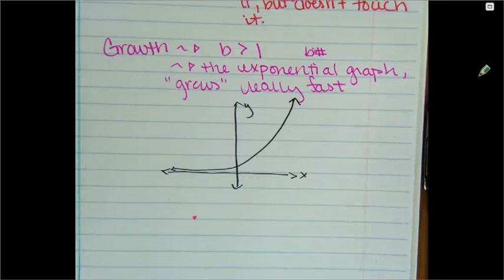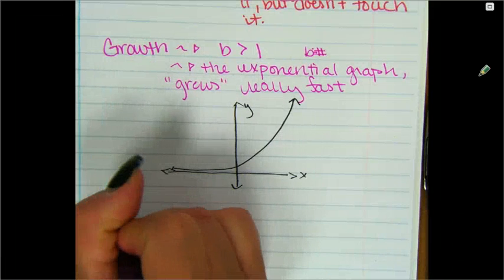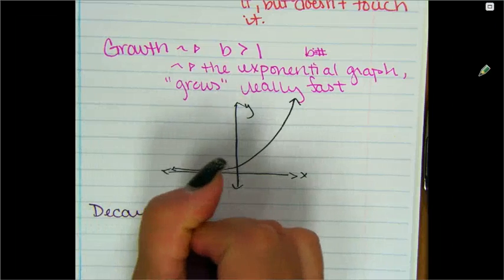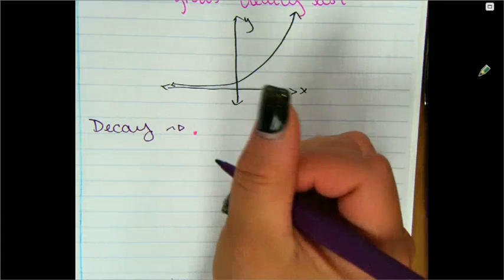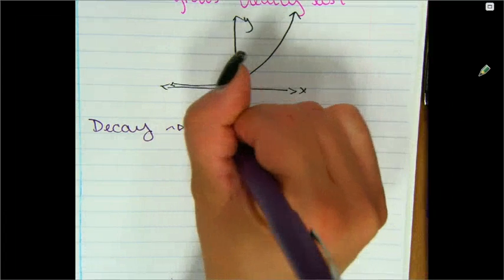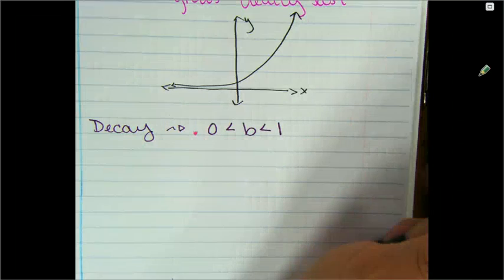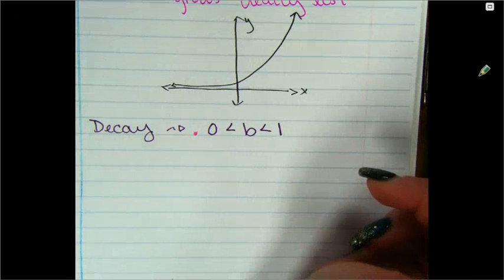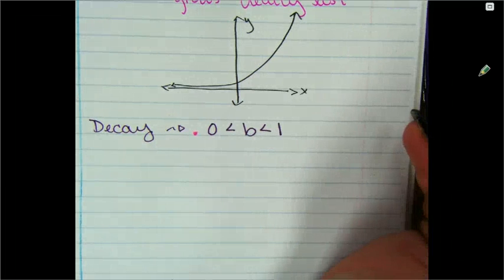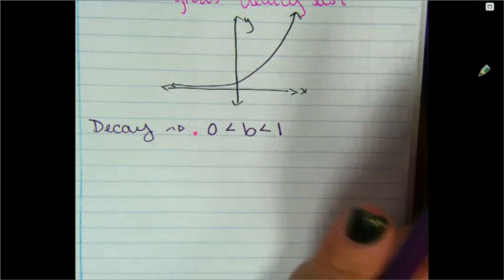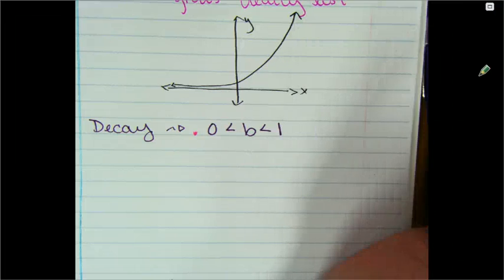Okay. We good? Now the other one we have is called decay. Decay is when your b is located between 0 and 1. So it's a fraction, but remember it's a certain kind of fraction. It can't be where your numerator is larger than your denominator, because then that just means you're bigger than 1, right?